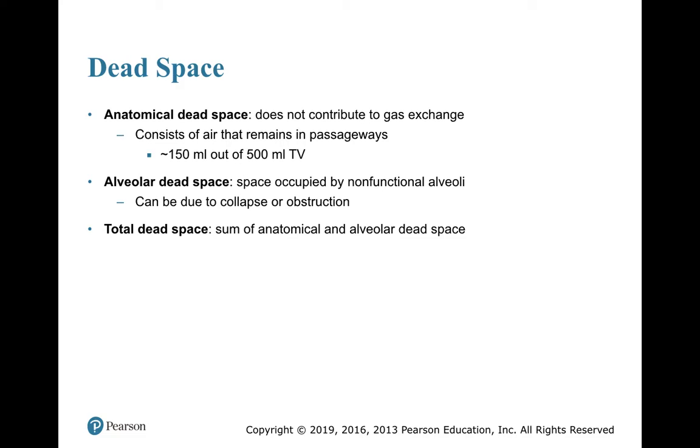Any alveoli that are not functional would have alveolar dead space, and that can be due to the collapse or the obstruction of them. So the total dead space would be the sum of the anatomical and alveolar dead spaces.